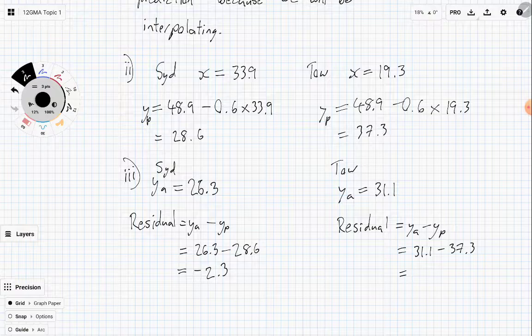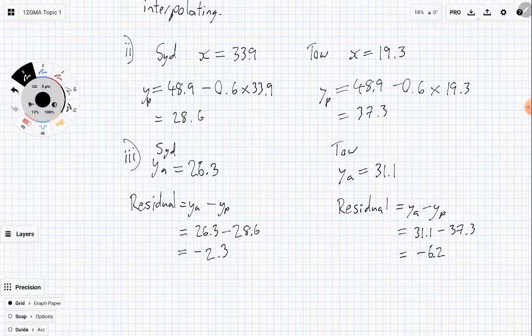So you can see once again how ineffectual, also how misleading extrapolations can be. Townsville was the extrapolation, Sydney was the interpolation, and we can see that the interpolation was only 2.3 degrees off, whereas the extrapolation was 6.2 degrees off as well.